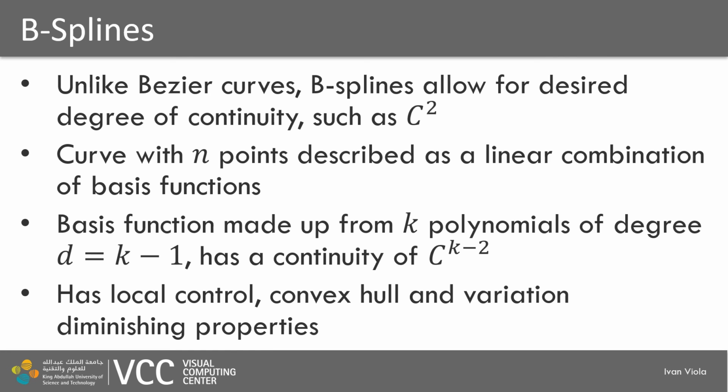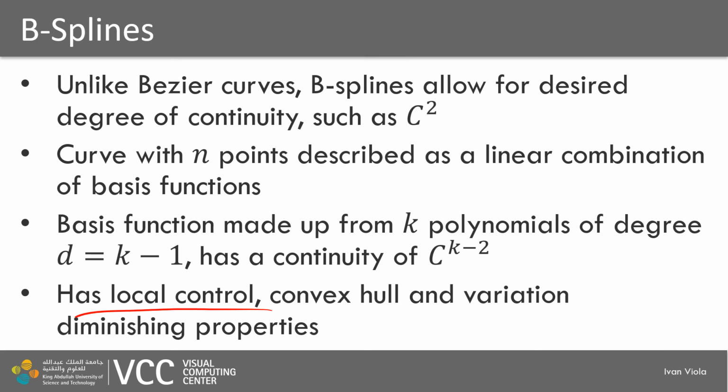Nevertheless, the B-splines as such have a local control, and they do not require to achieve it through such a hack, if you like, as we have done with the Bezier curves, where we concatenated the Bezier curves into piecewise elements of cubics, for example.